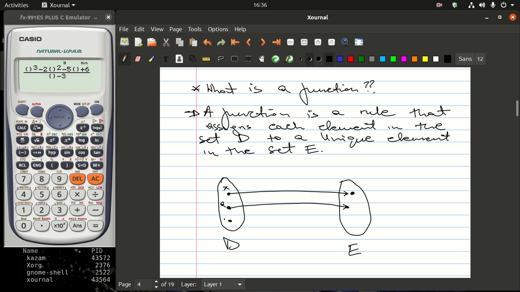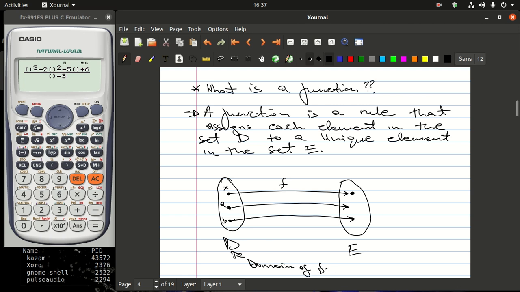And another element here, maybe a B, and then it assigns it to some element there, right? So the function is that rule that assigns an element here to an element there. Remember that each element here must be assigned to an element there. Getting it? If all these elements, we say that this D is called the domain of F.